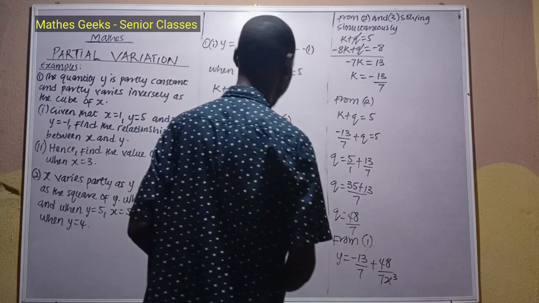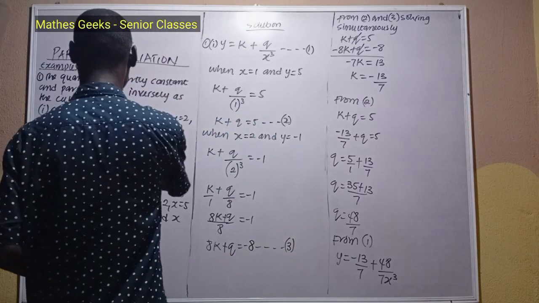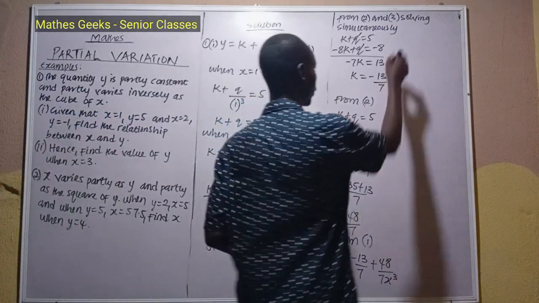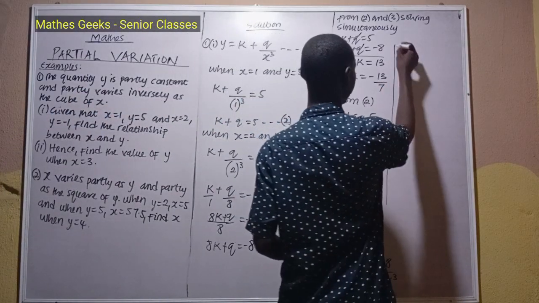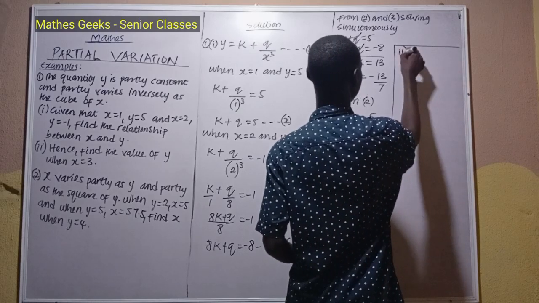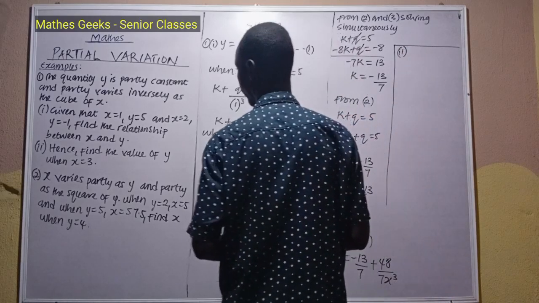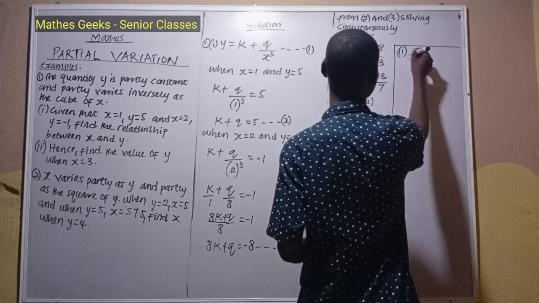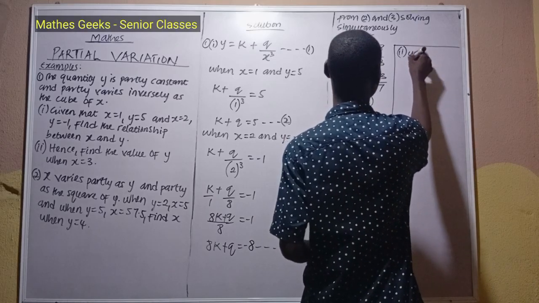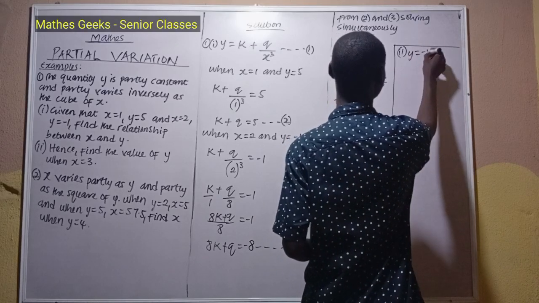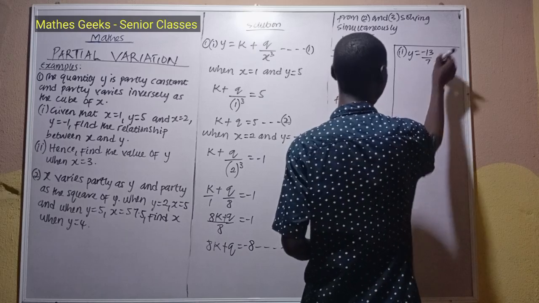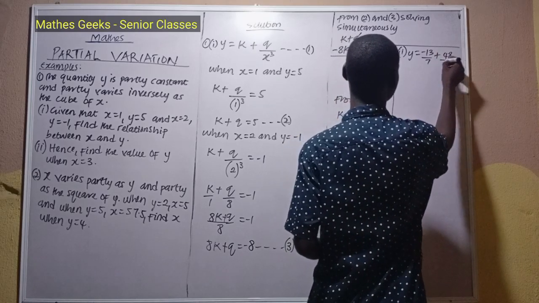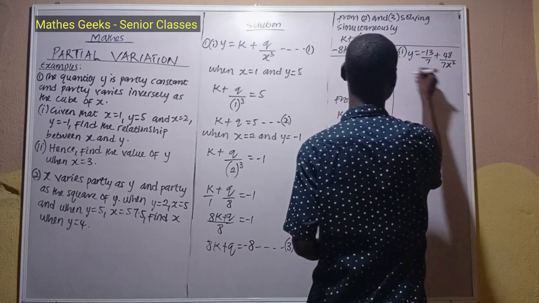That's the relationship between x and y. Now find the value of y when x is 3. So y is equal to minus 13 over 7 plus 48 over 7 x raised to the power 3.